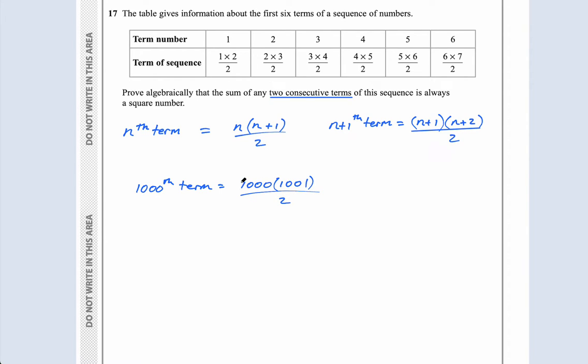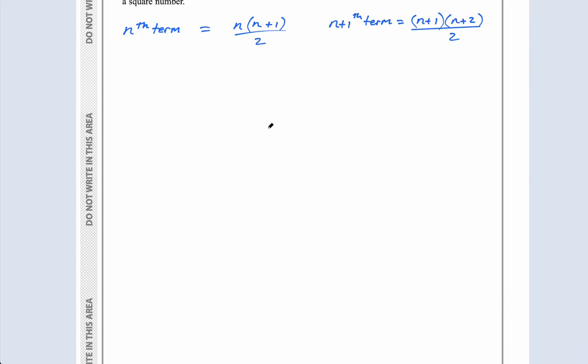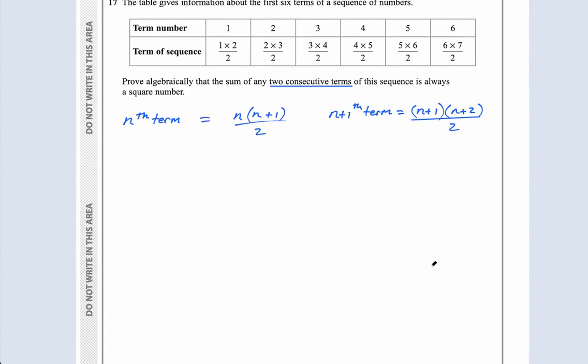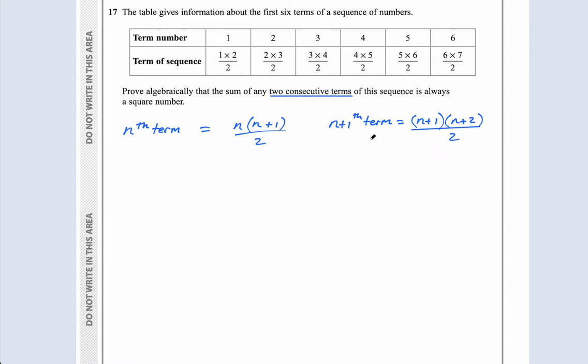Which means the nth term would be n times n plus 1 over 2, and the n plus 1th term would be n plus 1 times n plus 2 over 2. Okay, that's it. Once you understand what we've done there, that's certainly worth a mark. How many marks is this question worth? 4 in total. This is worth 1 mark.